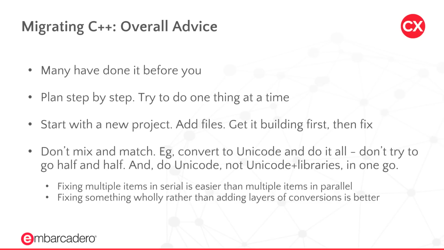Unicode is a good example where I do recommend just converting the entire app to Unicode rather than going half and half. What I mentioned earlier was to tackle Unicode as one thing, only Unicode, rather than doing Unicode plus libraries in one go. Fixing multiple items in serial is a lot easier than multiple items in parallel, and changing something wholly rather than adding layers of conversions is a better approach.